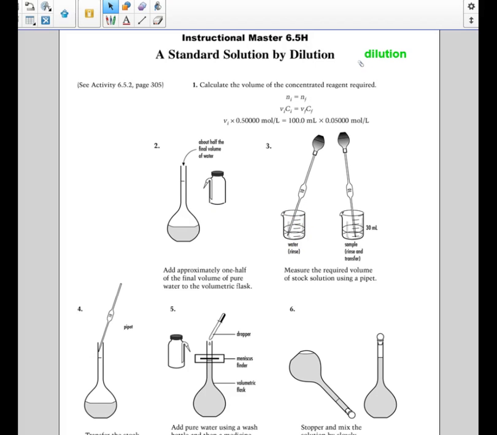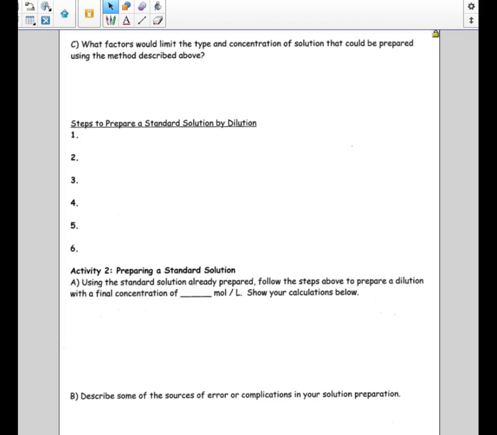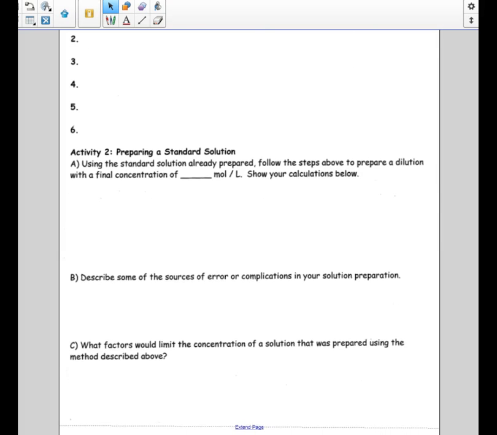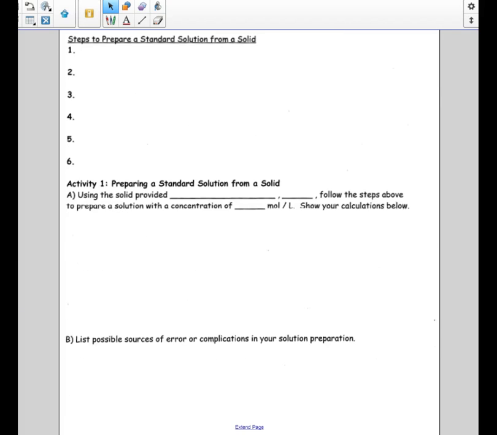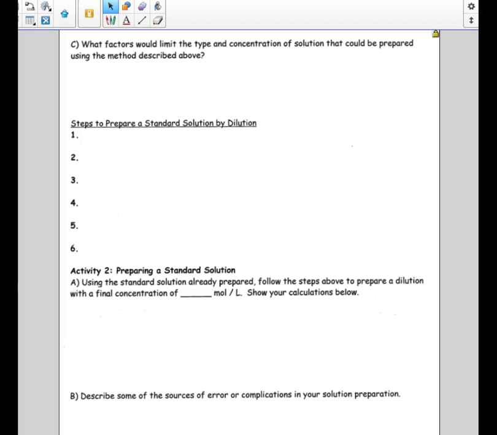When you look at the outline of the steps involved there at the very end, again, we come back to, as we saw before, sources of error or complications. We have transferring occurring, we have potential for spillage, we have potential for overfilling. So all of the sources of error that you mentioned on your previous summary here at the bottom, you should also repeat those just to reinforce that.